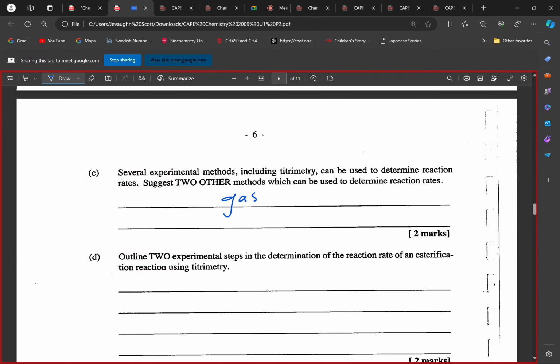Can we use the gas syringe? Lovely, the gas syringe. We can use the gas syringe, or we could use the, starts with I, two words. The first word starts with I, and the second word starts with a C. We take something and we turn it upside down. The inverted cylinder. You can use an inverted cylinder as well.